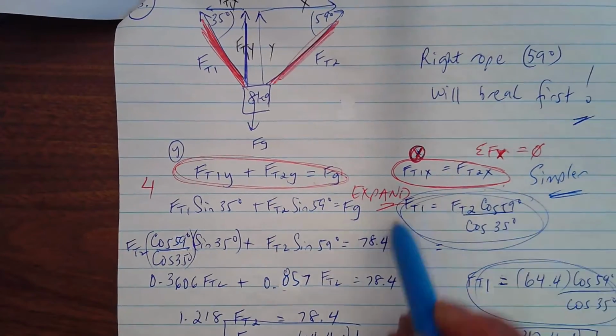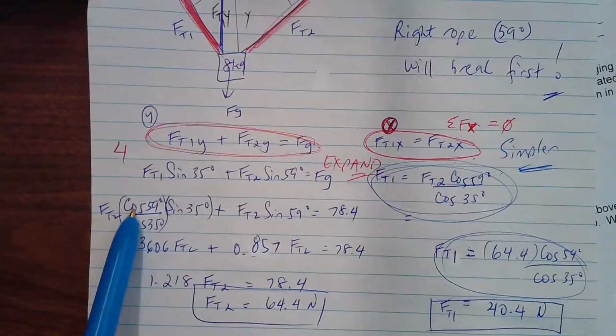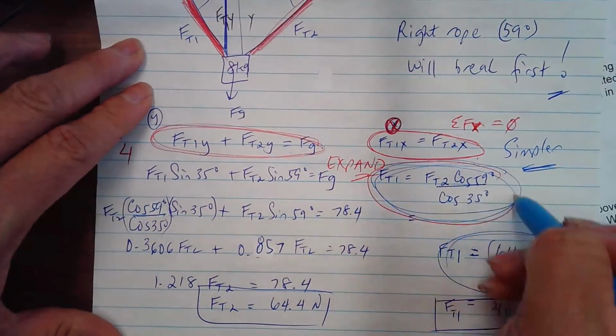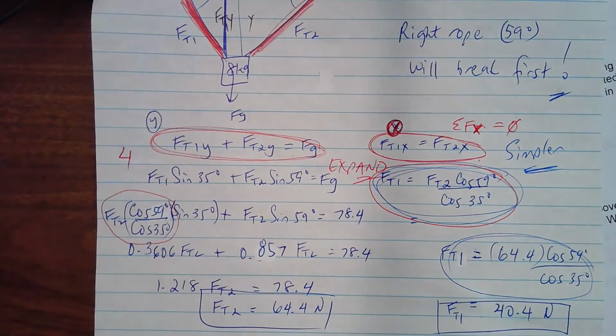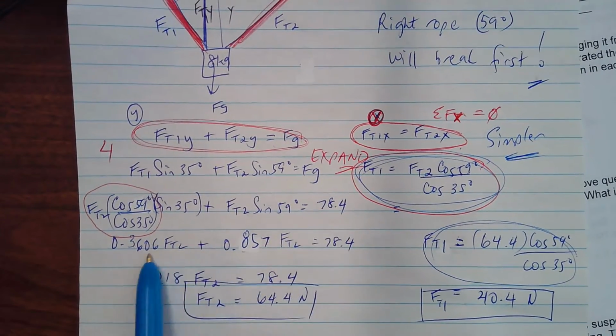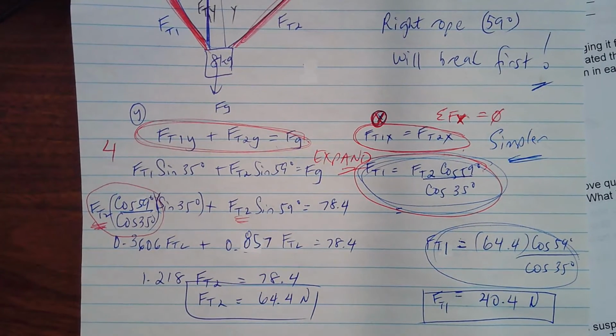Right there, first of all. And so I took that and I put it into the y-axis equation, which is here. You see this? That is this, by substitution. Okay? And put everything here so that I only have one variable to solve for, FT2.